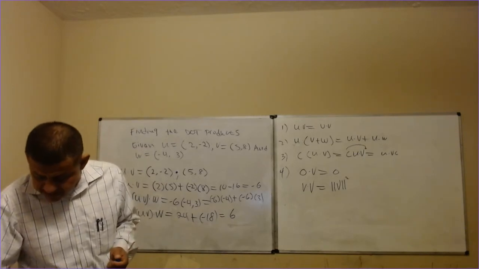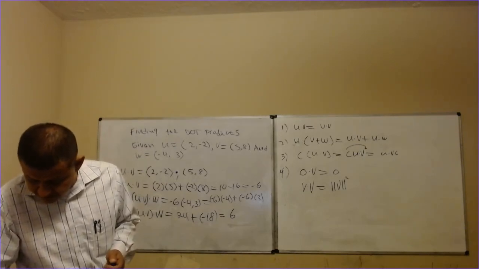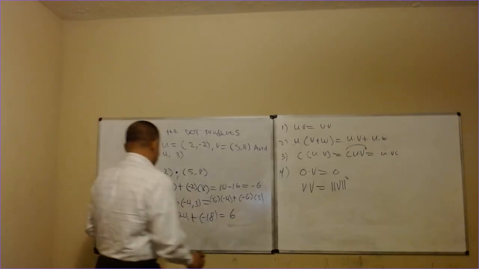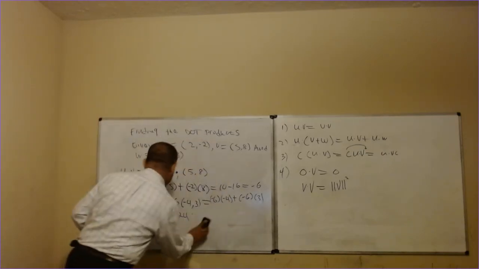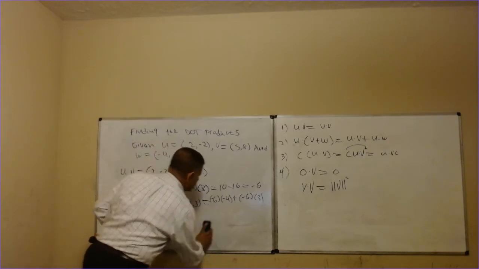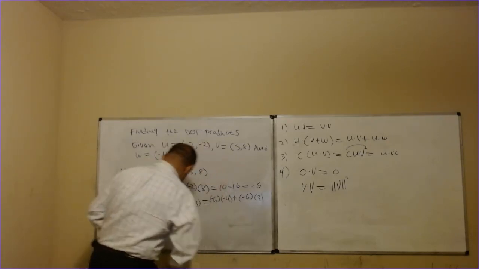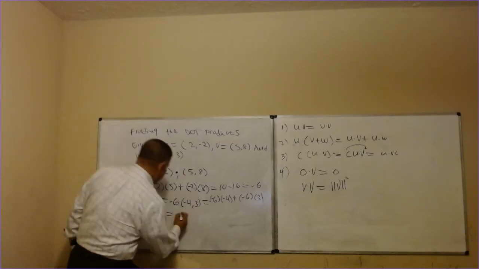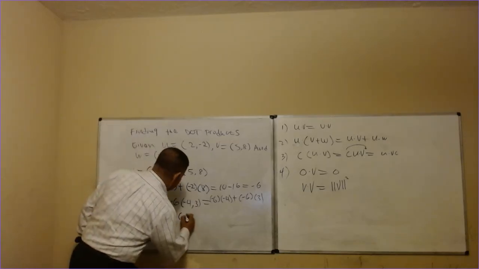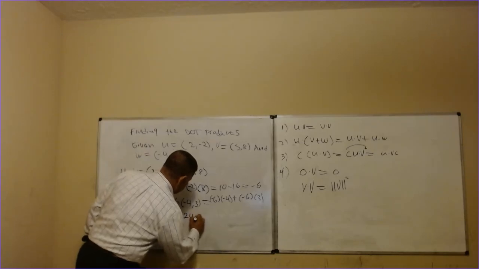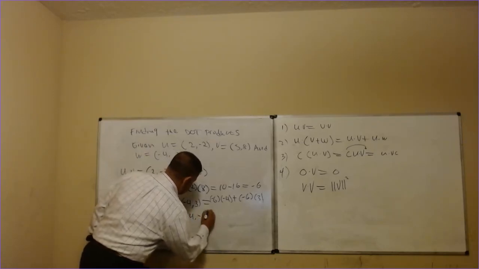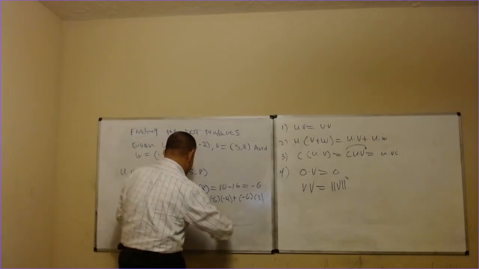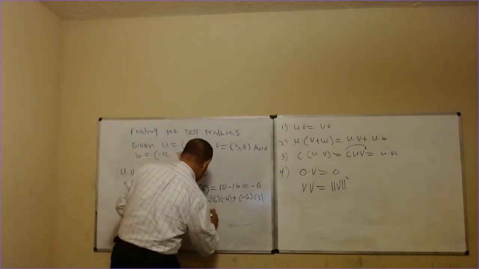Okay, so basically what they did, they leave it as a vector. They did not add it together, right? So let's do that. This is what they did here. They left it at 24, comma, 18.